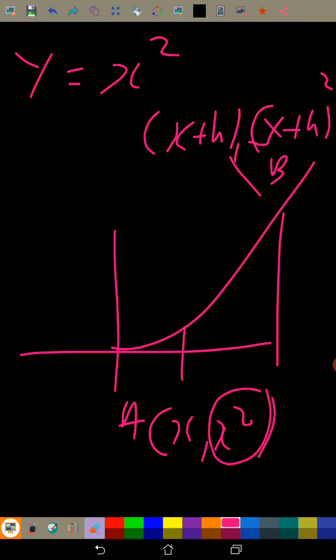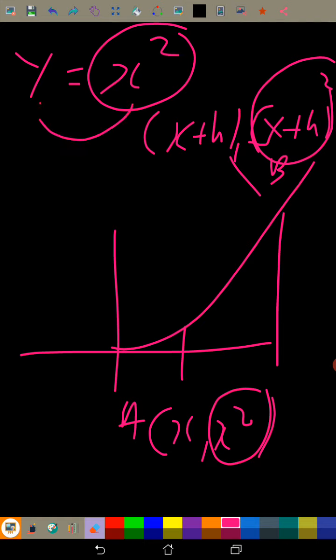Why do we have this and why do we have that? Because we're just expressing everything in terms of x. Y is going to be this, so we put this inside of this to get this. So now we have these two points, and we're going to try to find the gradient for this.